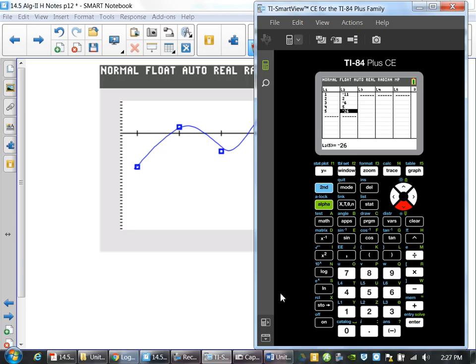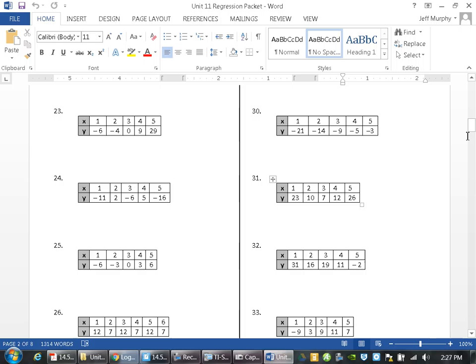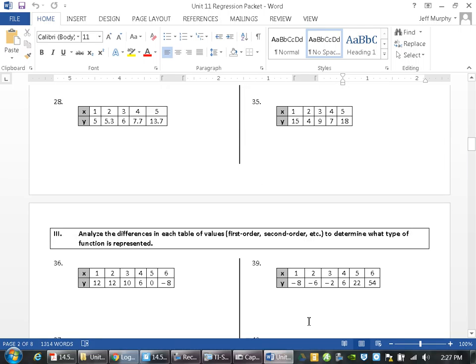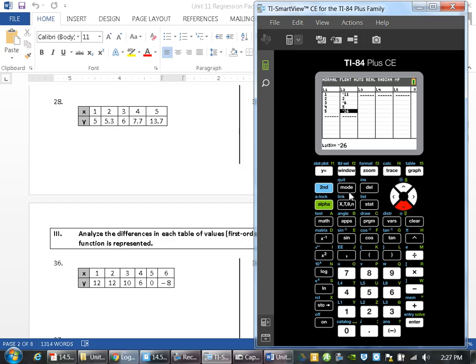Let's do 28 in the regression in the calculator. So that's what that is.